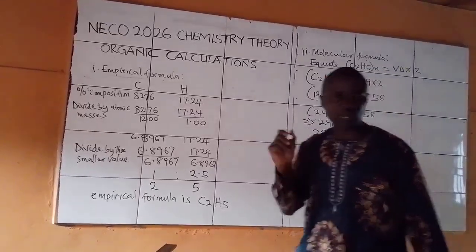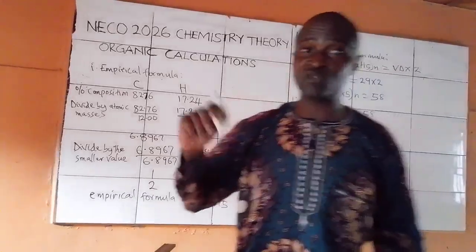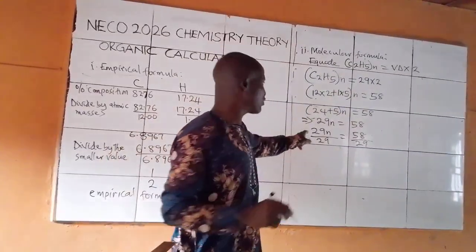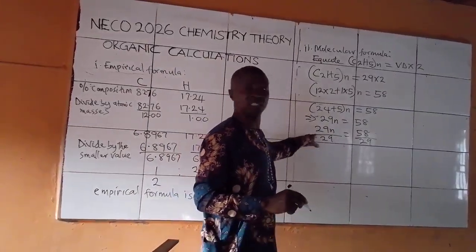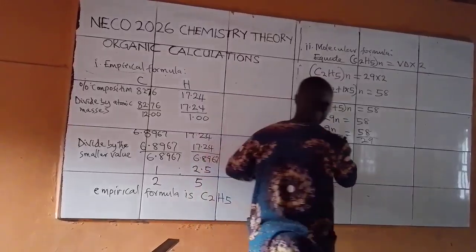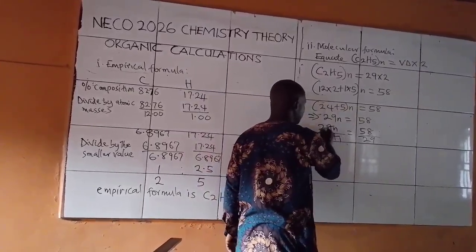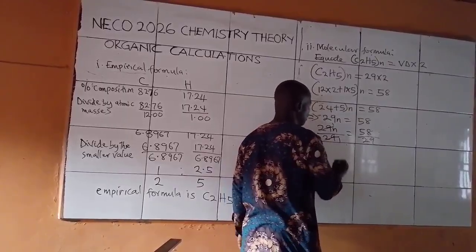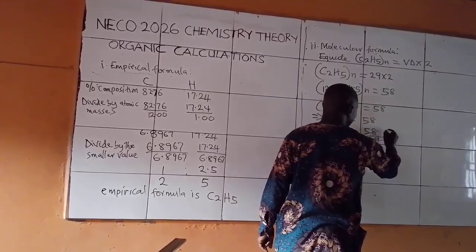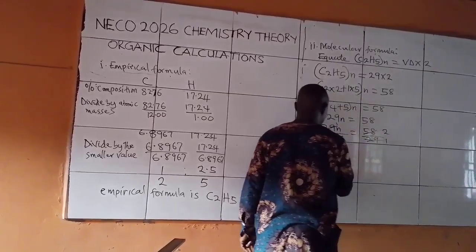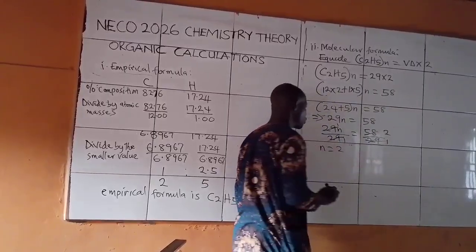Why are we dividing by 29? We are dividing by 29 because the coefficient of n is 29. So 29 into 29 is 1, and 29 into 58 is 2. So our n is equal to 2.